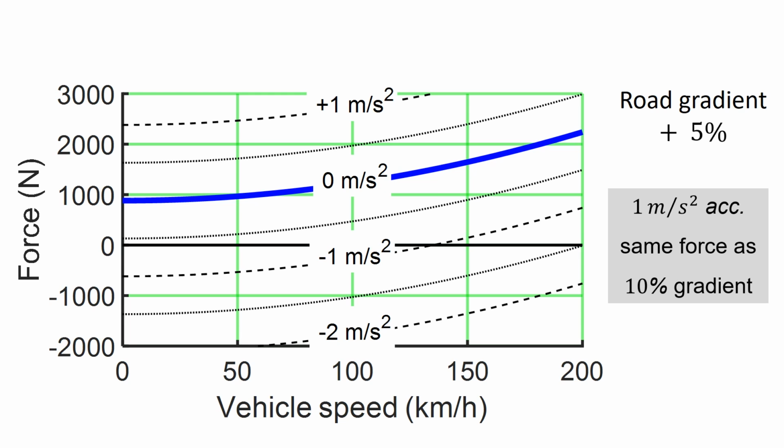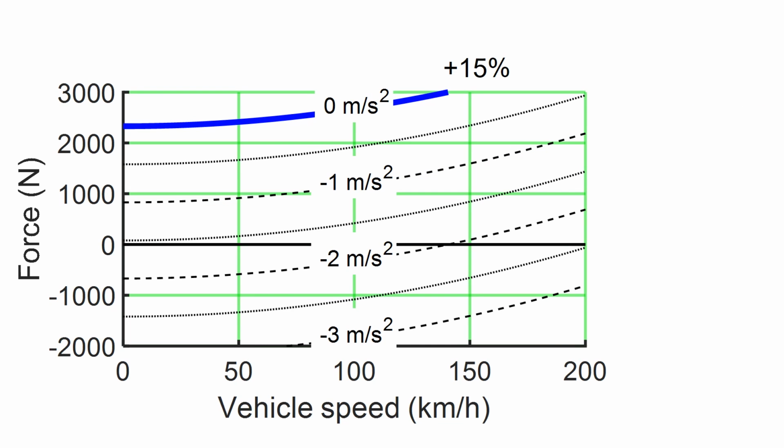Now we will see in a sequence how the running resistance diagram changes with road gradient. We start from the running resistance diagram at plus 15% gradient, and then reduce the road gradient in steps of 5% until we have the diagram for minus 15%. We will see the effect of changed road gradient.